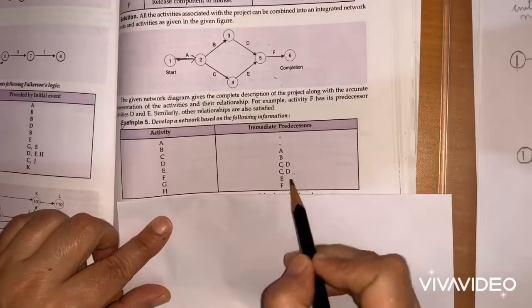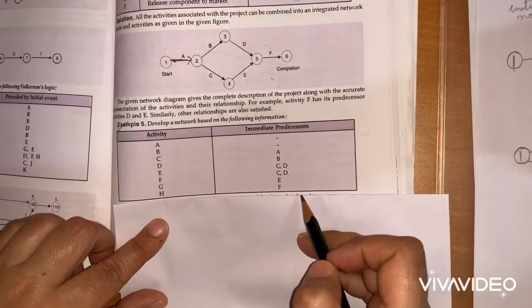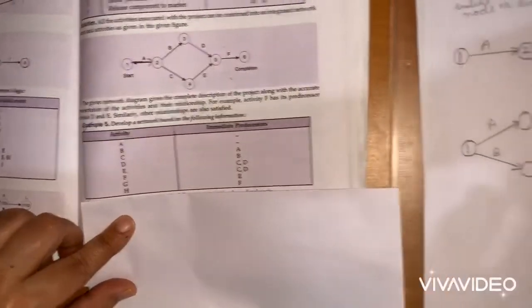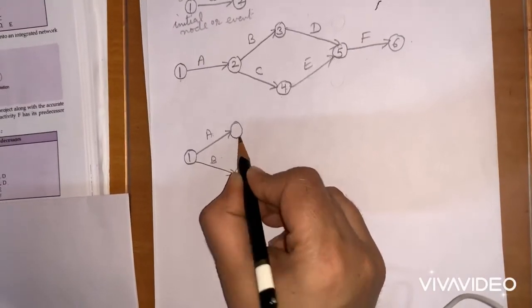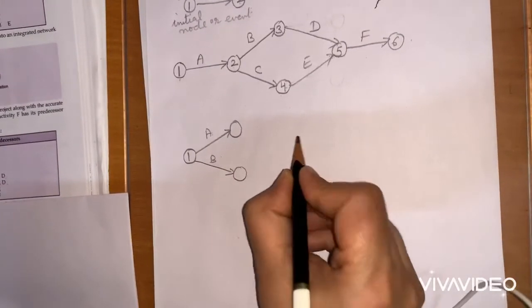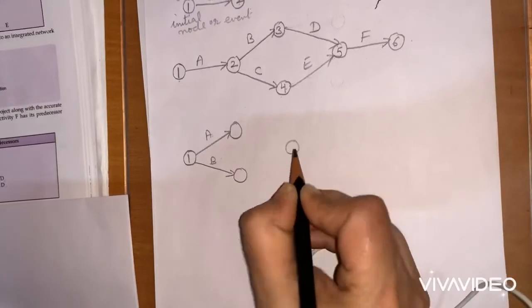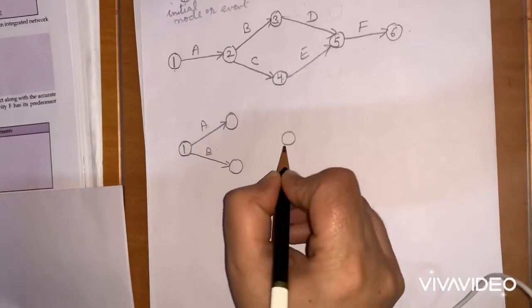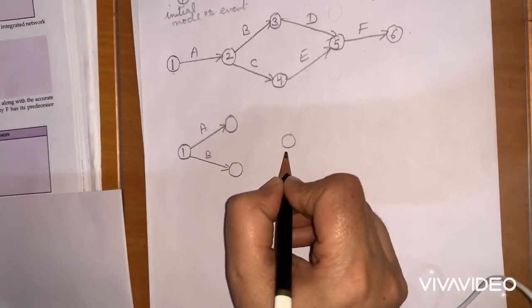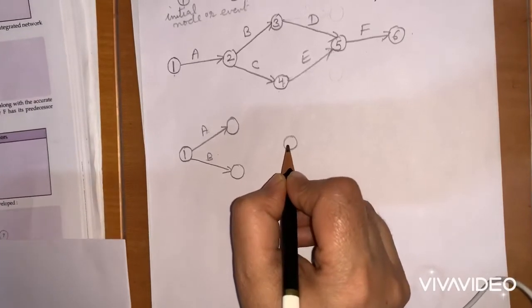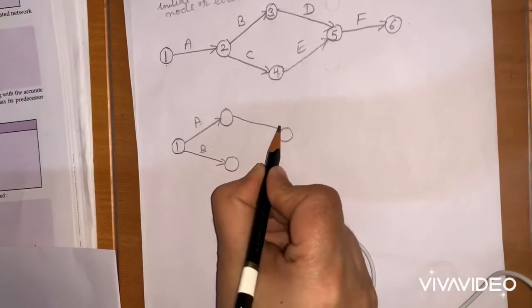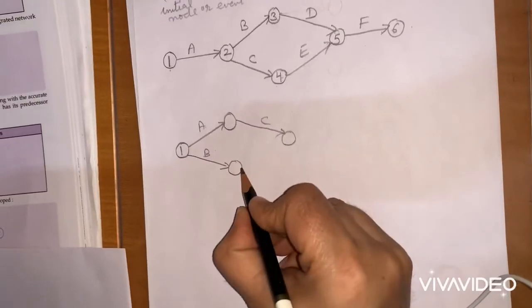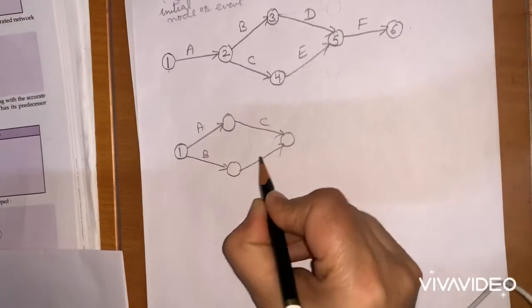As I have already told you in the previous illustration, C originates from A and D originates from B. But as they are combining together, they must end at one common event. How? For C the immediate predecessor activity is A, for D the immediate predecessor activity is B.